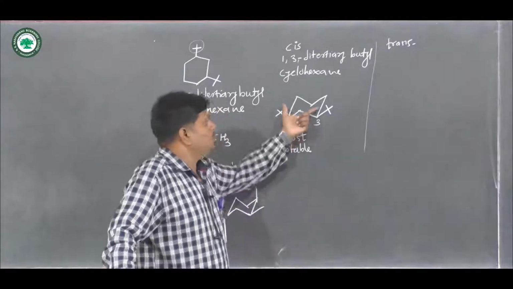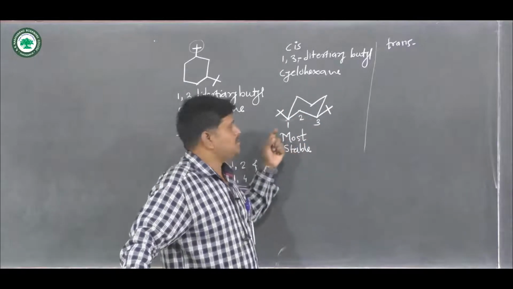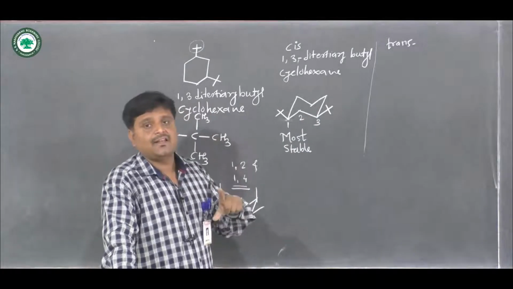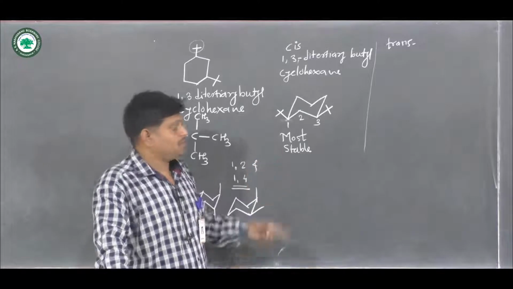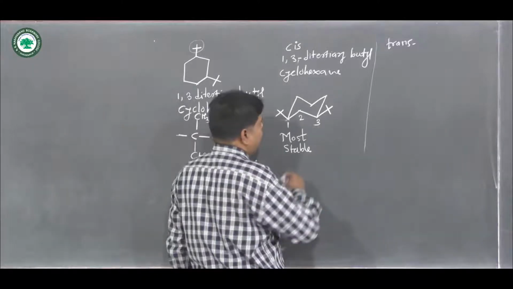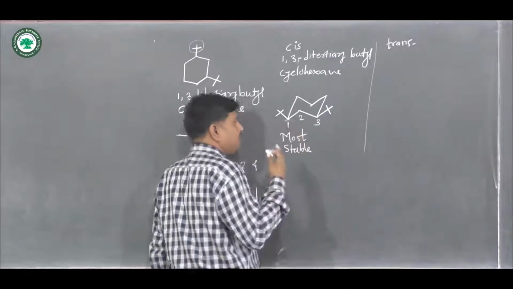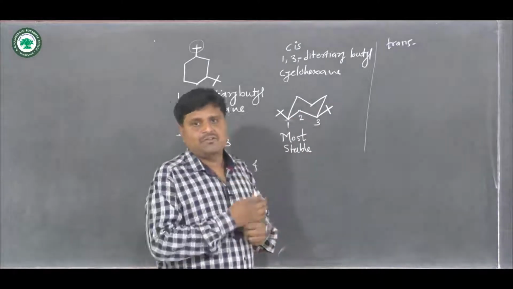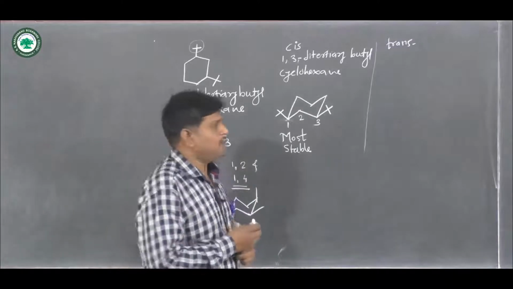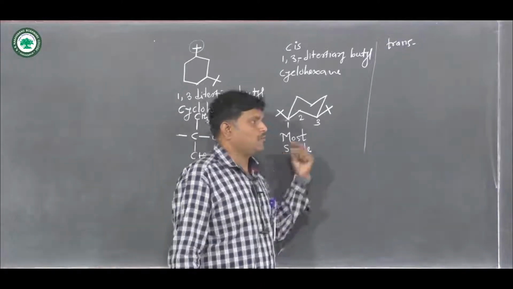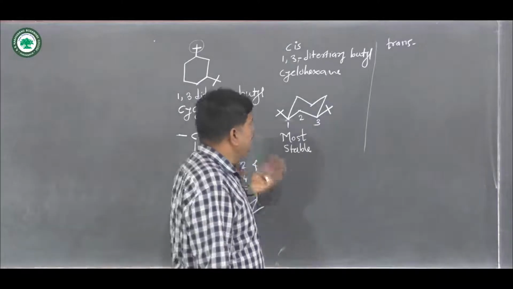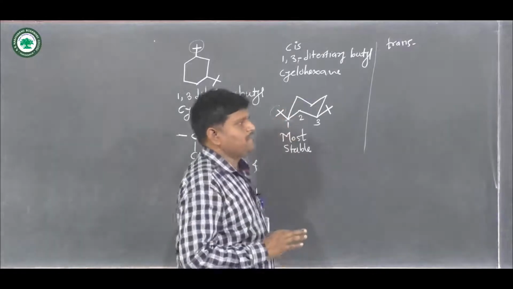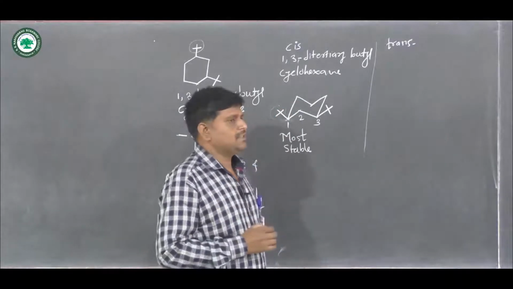Both groups are on the same side, so both substituents are either equatorial or axial. But this is the most stable. If we place any one group at the axial position, it will interact with the adjacent hydrogens, and that compound is more unstable. So the tertiary butyl group is always placed at the equatorial position, and this is the proper position.